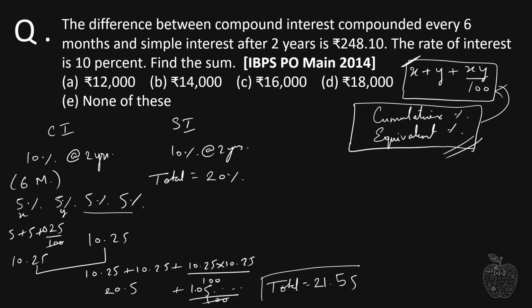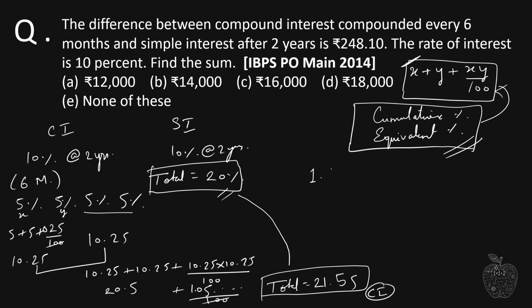Now we've got the total for compound interest. This is for compound interest and this is for simple interest. The difference between these two is 21.55 minus 20, which is 1.55, and this 1.55 is equal to 248.10, since the difference between both of them is 248.10.